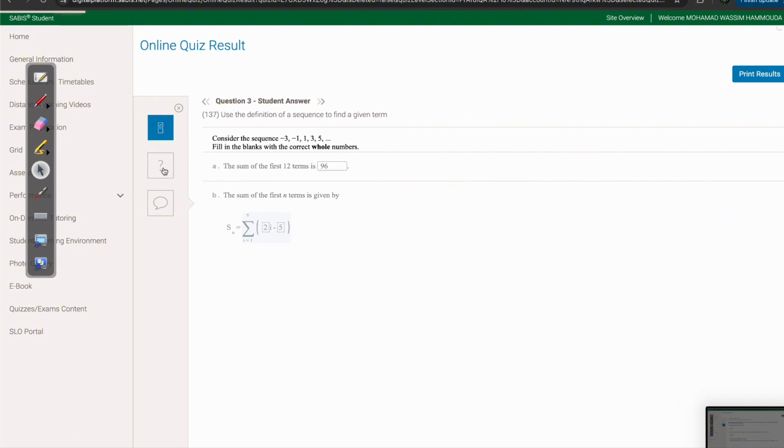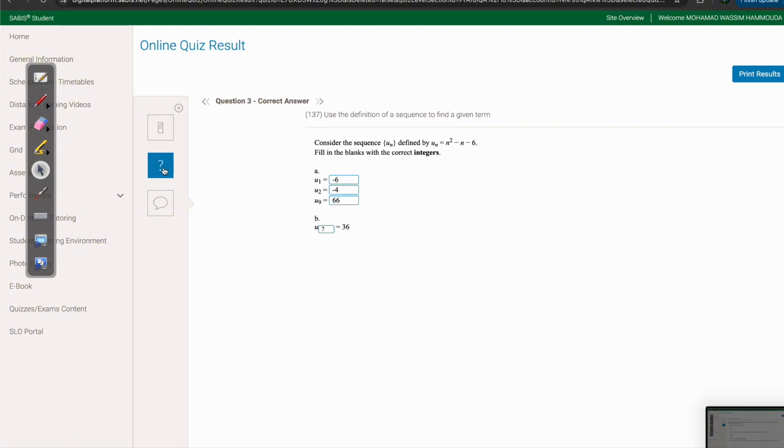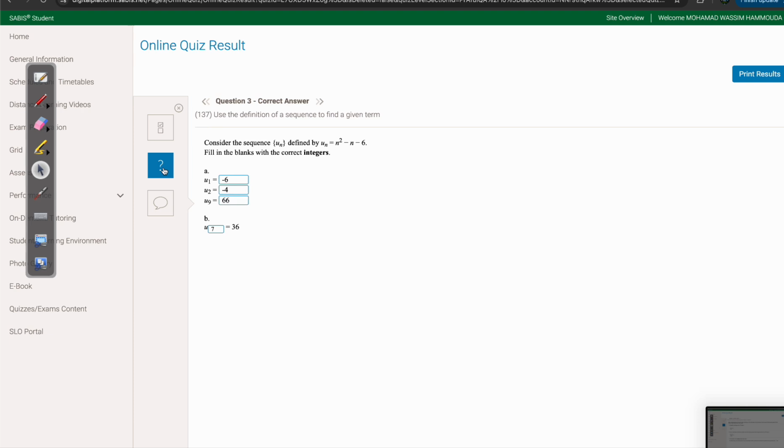Number 3. Consider the sequence un defined by un is equal to n squared minus n minus 6. What you're gonna do for the first one is substitute n by 1. So 1 minus 1 minus 6 is -6.